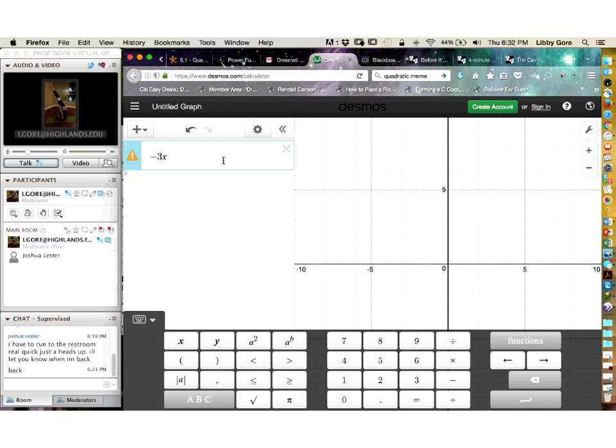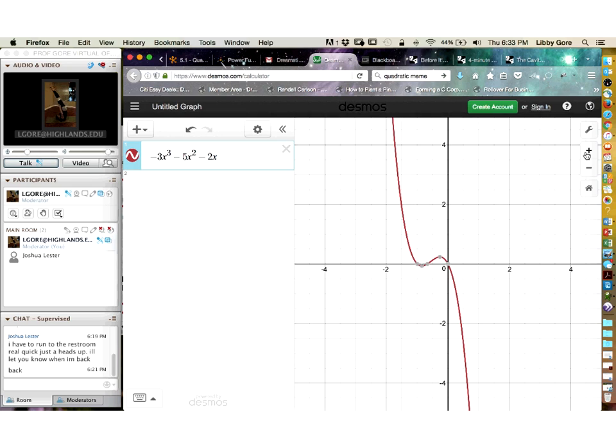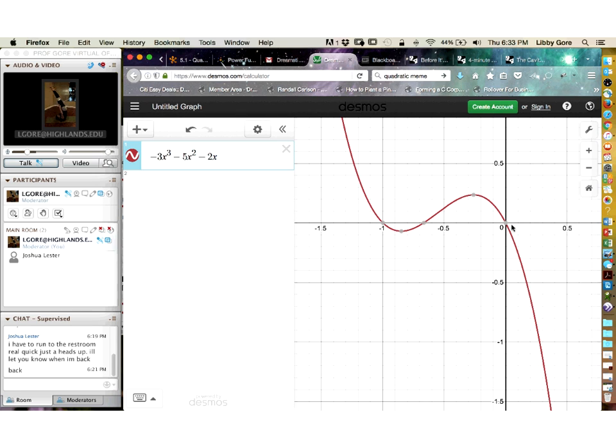Okay, so we have negative 3x cubed minus 5x squared minus 2x. All right, so I'm going to zoom in right around where we cross the x-axis, and I'll just remind you, we ended up having a solution of 0, an x value of 0.